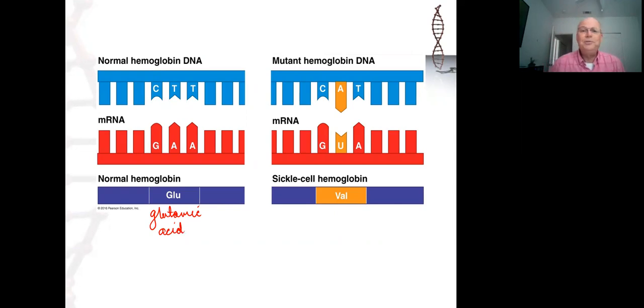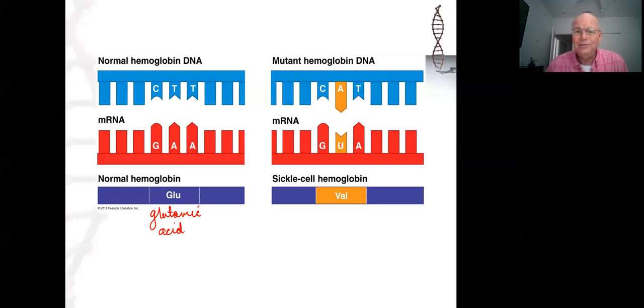The most common mutation is to replace the T with an A. So instead of being CTT in the DNA, it becomes CAT. In the messenger RNA, it now becomes GUA. C still pairs with G, T still pairs with A, but an A in the DNA pairs with a U in the messenger RNA.